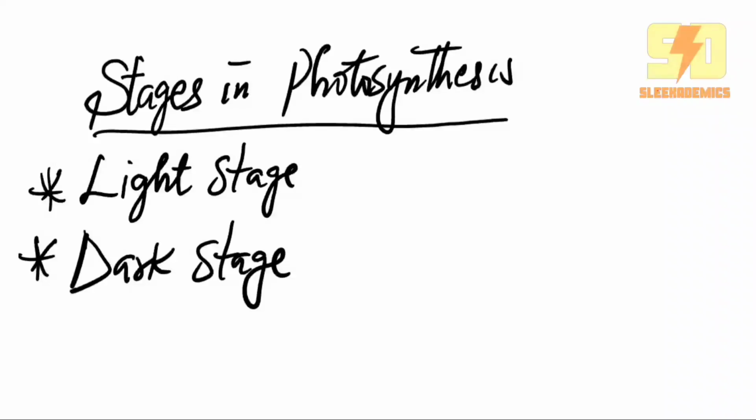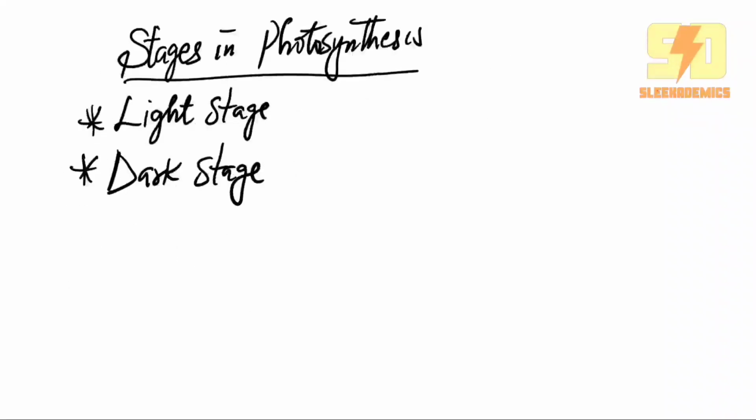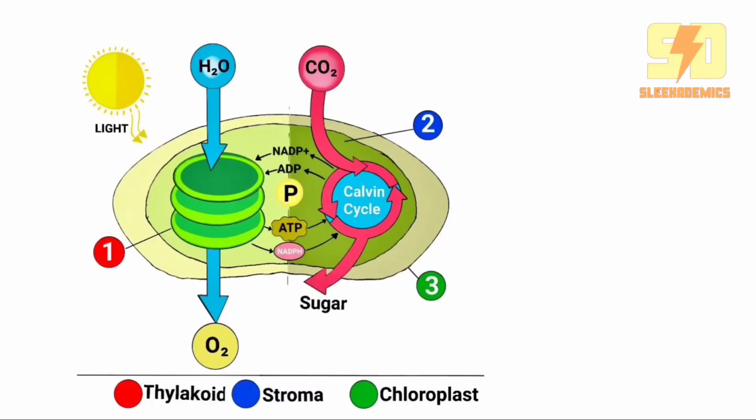So let us use a diagram to further explain the light and the dark stage. So this is a diagram that represents the light and the dark stage. Here, where we have the sun is the light stage, and this part of the diagram where we don't have the sun is the dark stage.